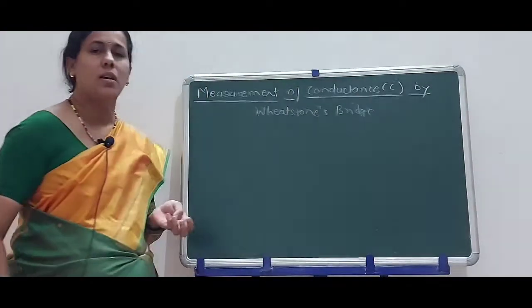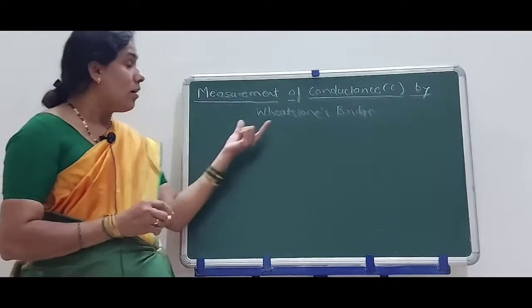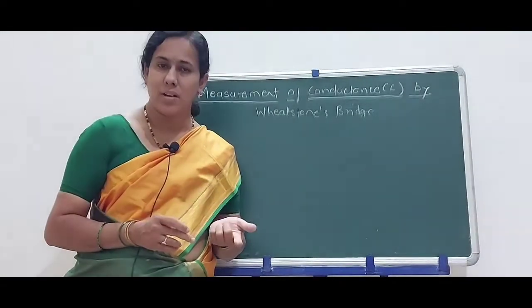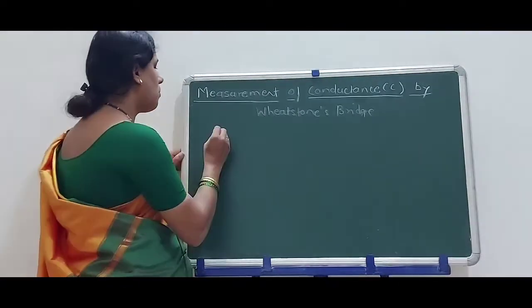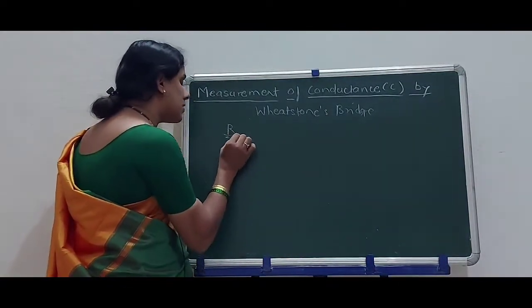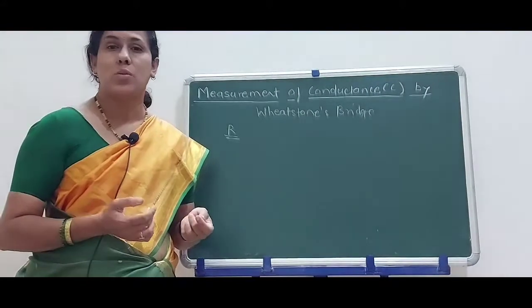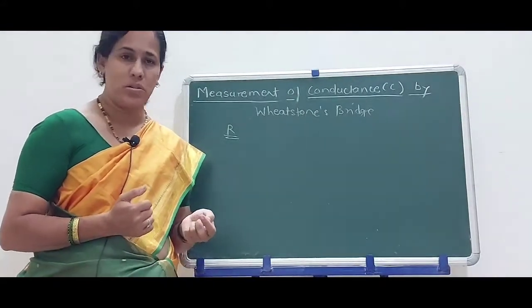Before studying this method, we have to understand how conductance is measured. For the measurement of conductance, we first have to measure the resistance of the test solution we want to study.